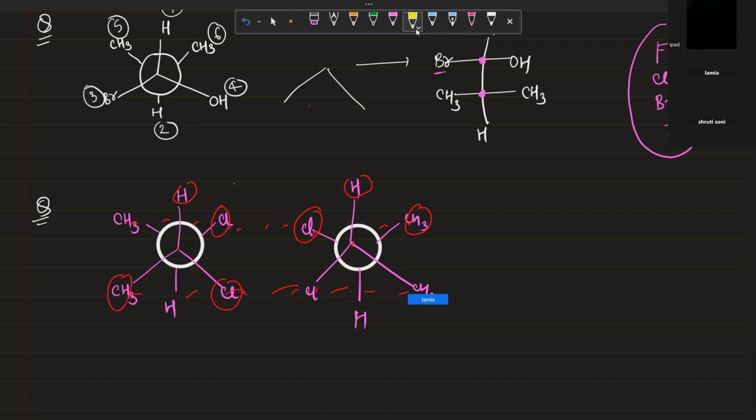This is also flipped. I think it would be an enantiomer. Oh wait, hold on. Absolutely, yes, they are enantiomers. We can identify they are mirror images. So these are enantiomers.